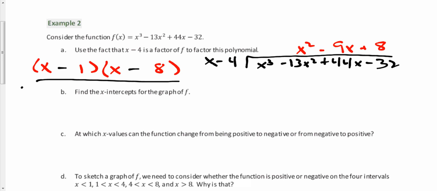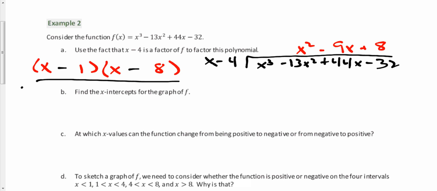What does it mean to be a factor? Remember, we're always coming back to these definitions here. What does it mean to be a factor? Mason, what does it mean to be a factor? Answer my first question. Yes, you're right, but what does it mean to be a factor? Okay.